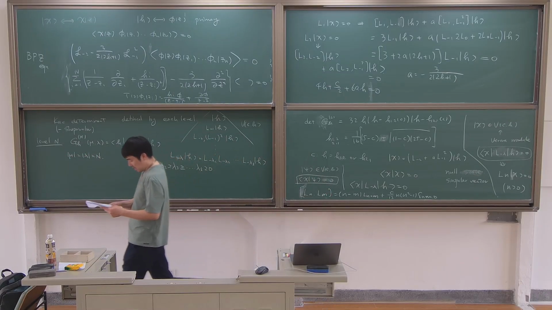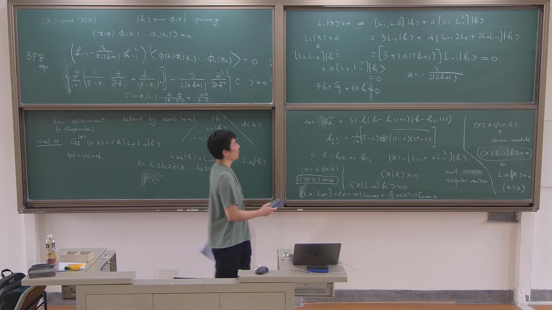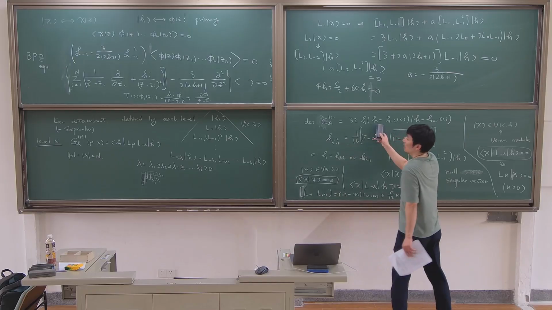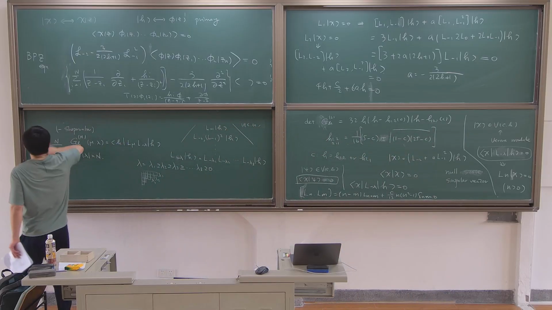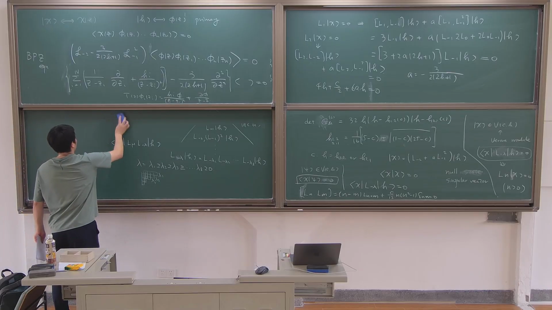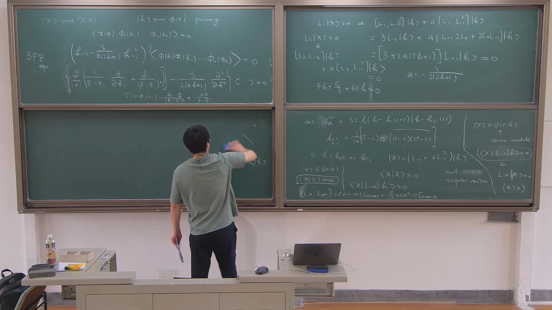Therefore, if you have a particular value of the conformal weight, the correlation function is highly constrained.